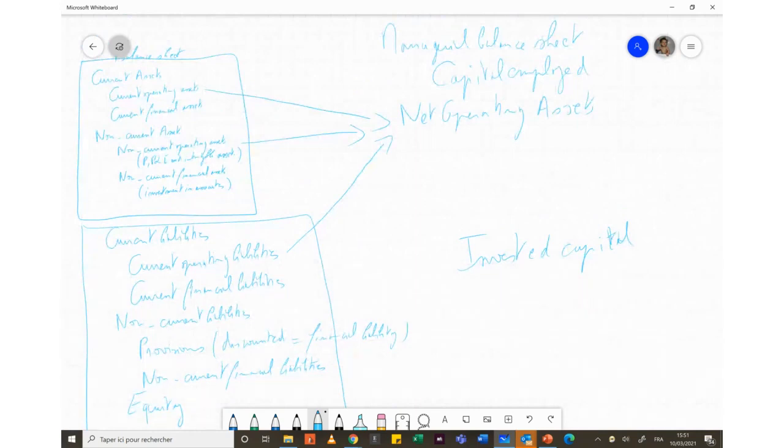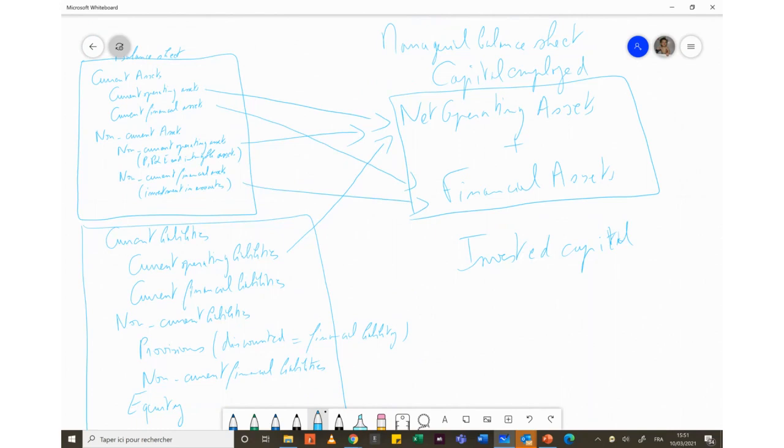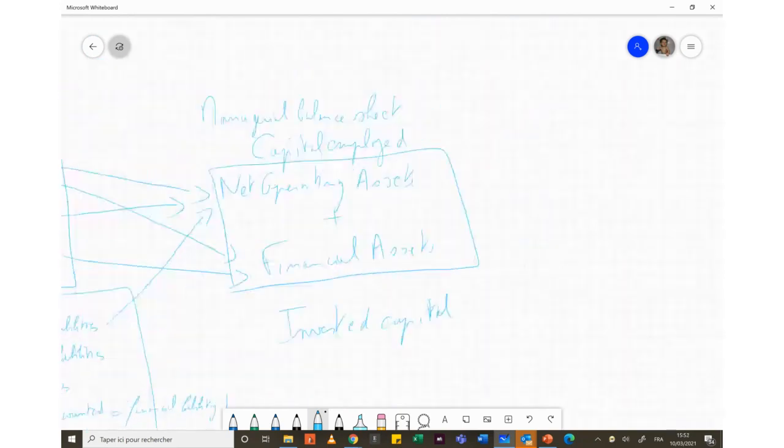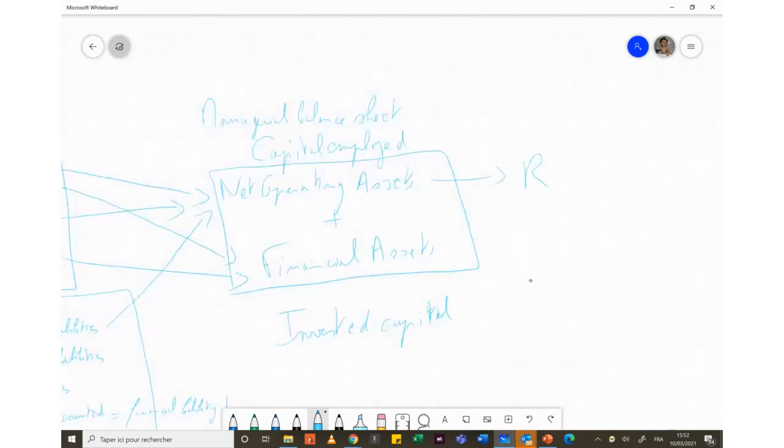And the other part of the capital employed is the financial assets. In the financial assets, we have the current financial assets and the non-current financial assets. Sometimes the non-current financial assets are considered as a part of the net operating assets. In this case, when you calculate the return on net operating assets, you need to include the share of profit from investments in associates. So from this, what you calculate generally is the return on net operating assets and the return on financial assets.